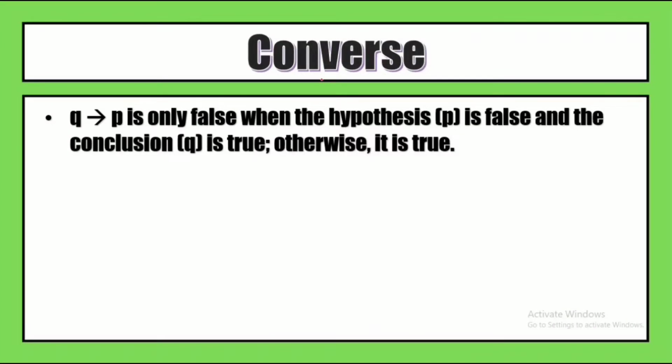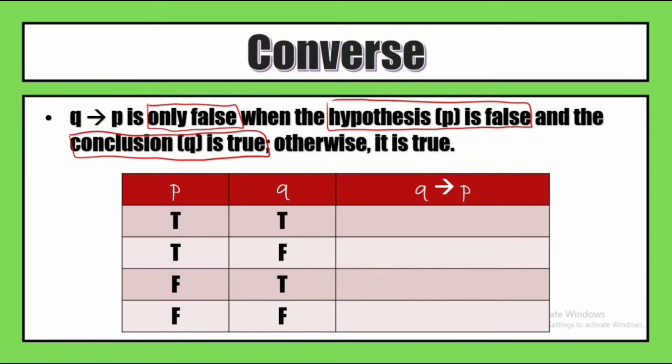Okay, sabi lang naman sa under of the converse, magsasagot tayo ng false kapag ang hypothesis natin ay false and our conclusion is true. Okay po, let's say we have a truth table. So we have hypothesis false and the conclusion is true. Our answer is false. Otherwise, it is true. Okay, that is the very basic.